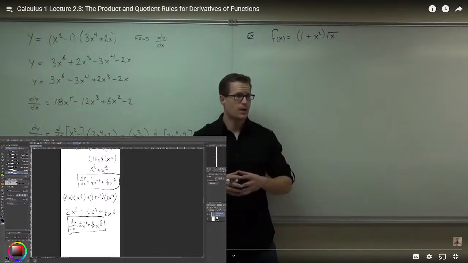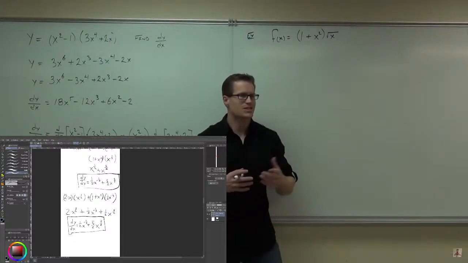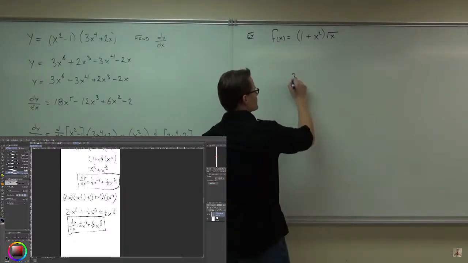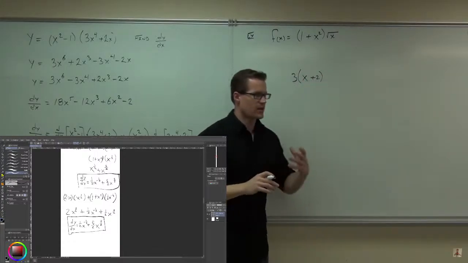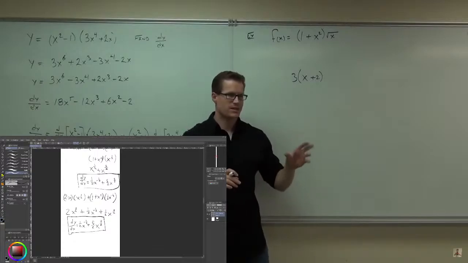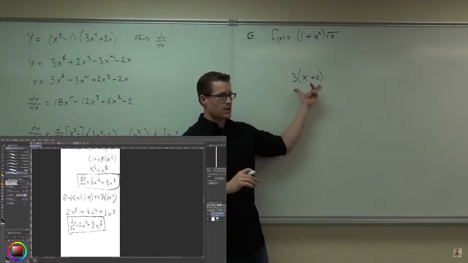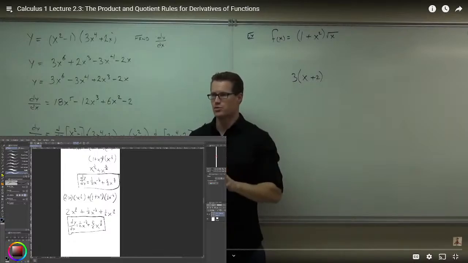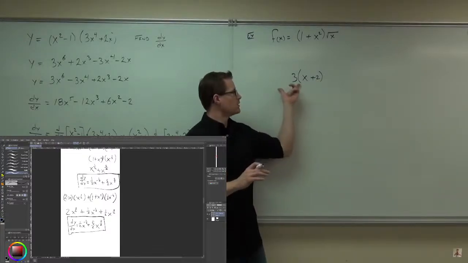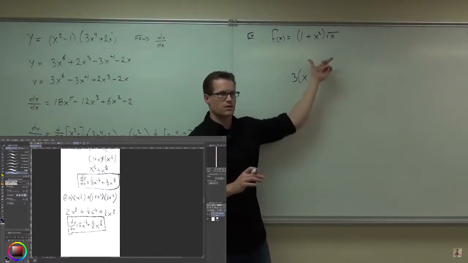What we mean by a product is not just like this, okay? This wouldn't be considered a product rule. When I say product rule, I don't mean what's different between here and here.